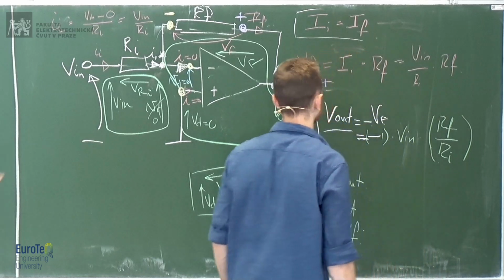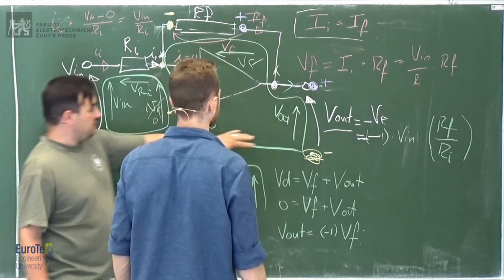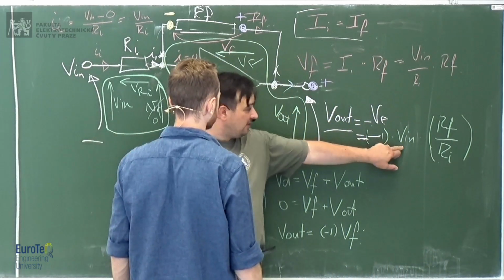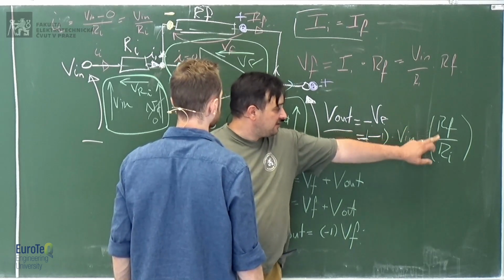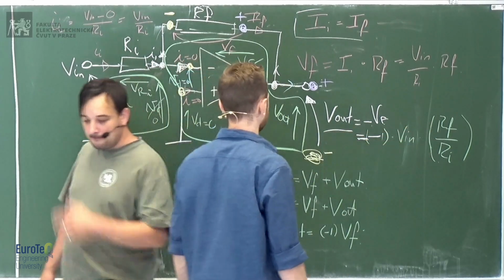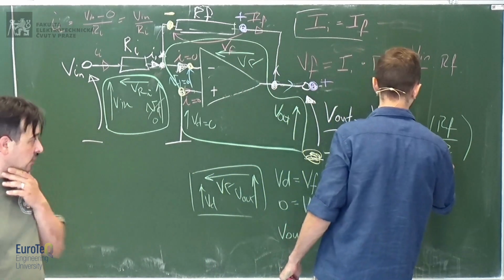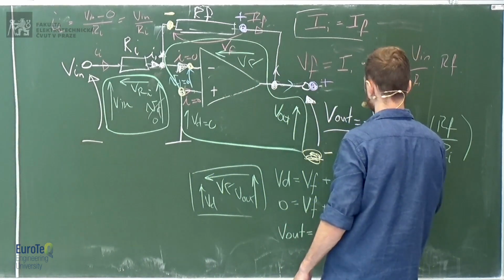Okay, so here we have the output voltage is negative input voltage times feedback resistor divided by the input resistor, okay? Cool. And it's inverting because the signal is opposite.